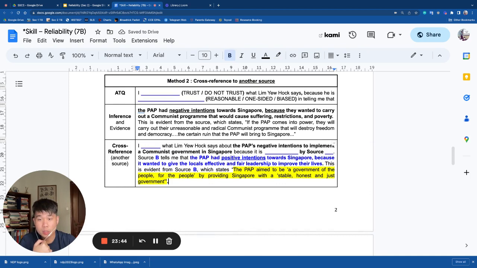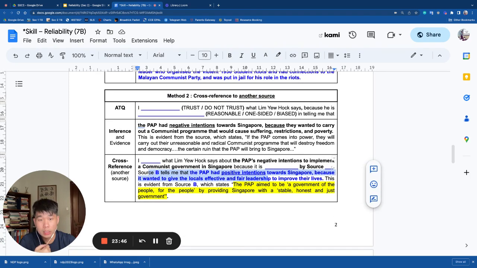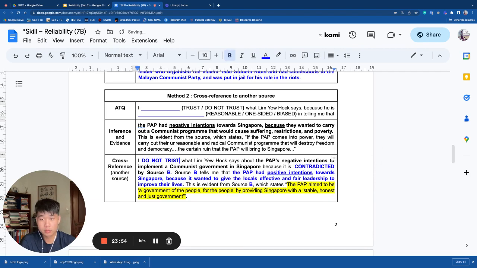And since this is positive intentions from source B, well, clearly it's a contradict. And because it's a contradict, you do not trust. And here it's not reasonable, it's either one-sided or biased, right?